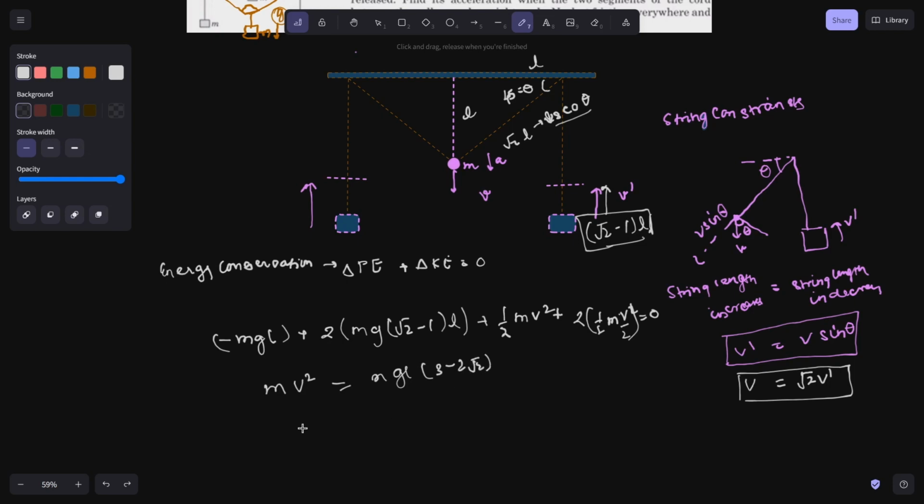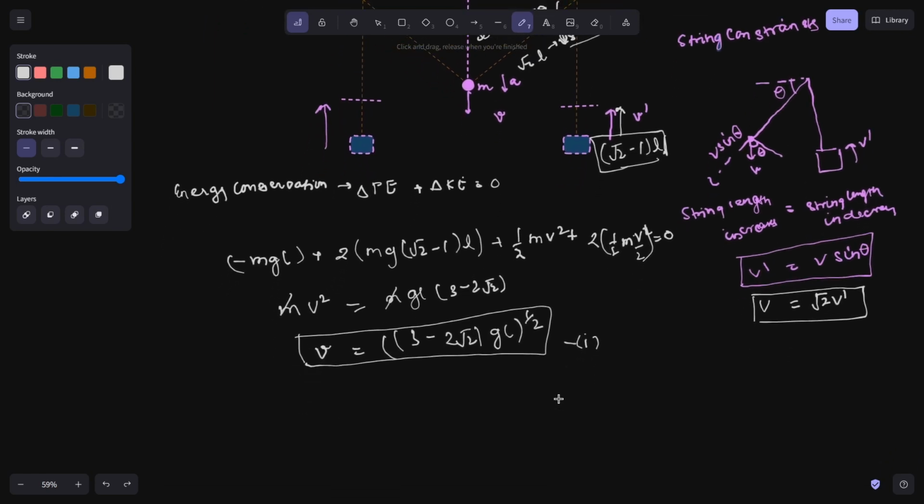From here we can derive the equation for v, that comes around to be 3 minus 2 root 2 gL in roots, as m gets cancelled. So this is the basic equation for v we have ascribed.